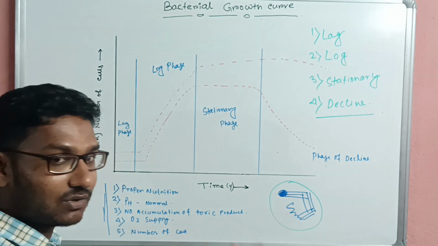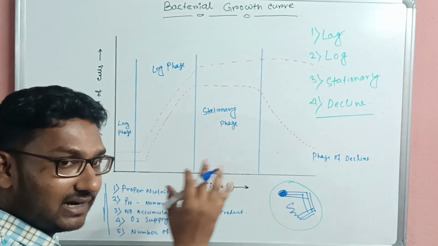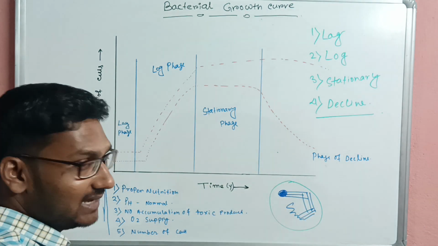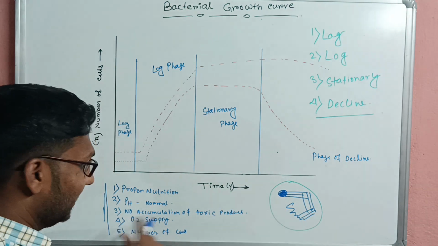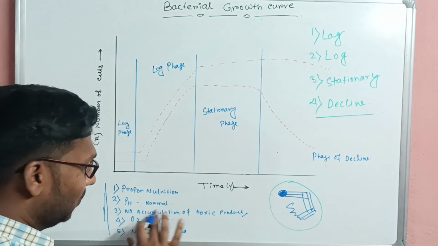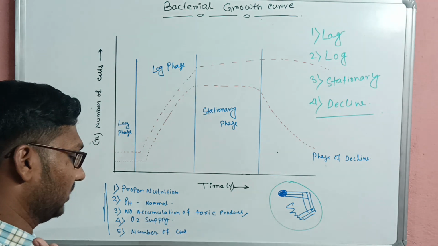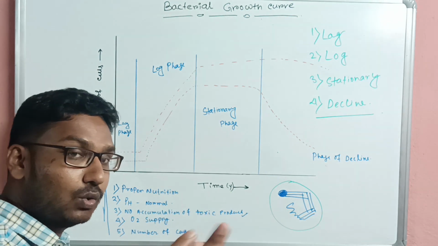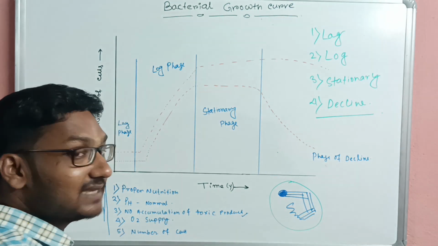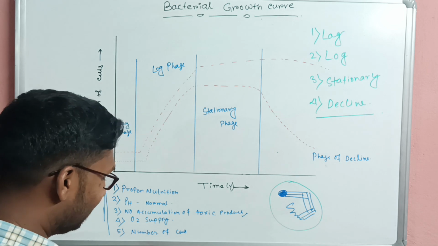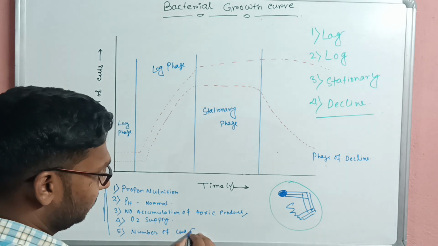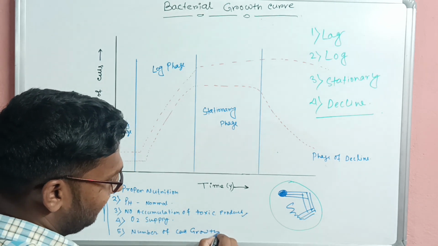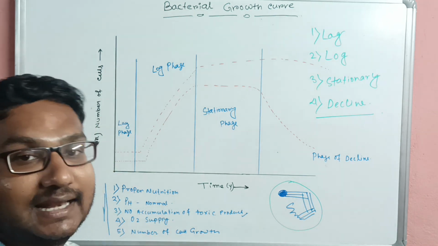When bacteria release toxic material, they accumulate inside the cell. So at that time no accumulation of toxic product. Next, O2 supply is still sufficient. Number of cell growth is nil.